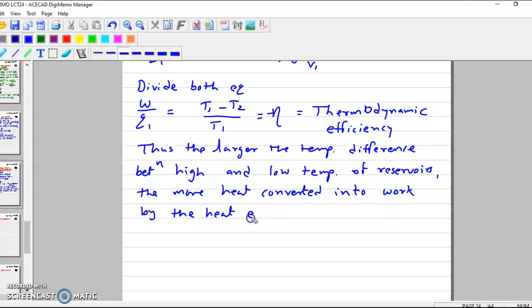So efficiency depends on the difference between T1 and T2.